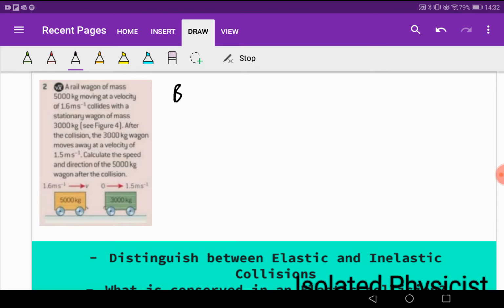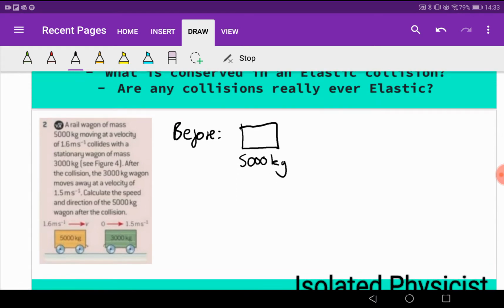I would draw a before picture where we've got a 5,000 kilogram wagon going at 1.6, and we've got a 3,000 kilogram wagon that's going at nothing.